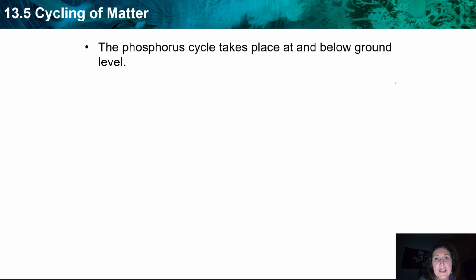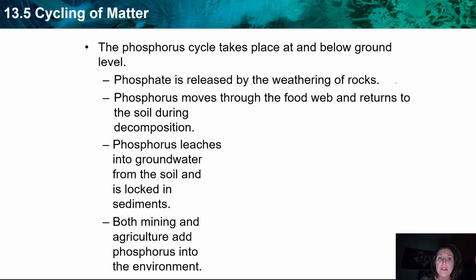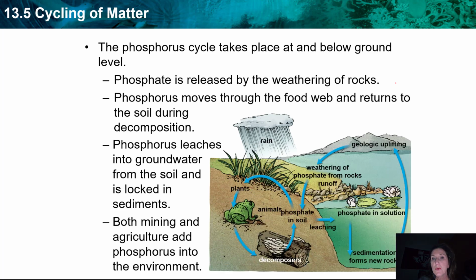All right, the phosphorus cycle takes place above and below ground. It starts off in a geologic way because phosphate is carried through the erosion of rocks, okay? So here we have rain. Rain comes down, erodes through here, weathering of the rocks.